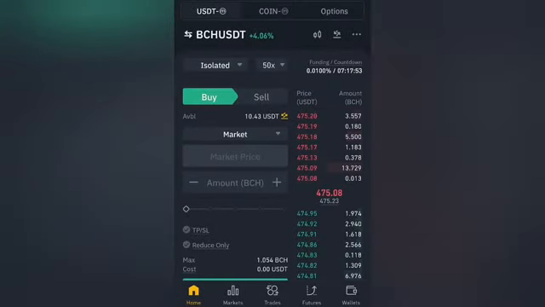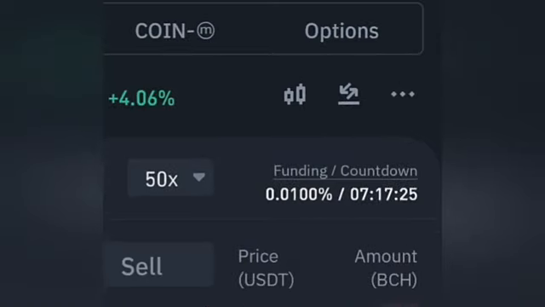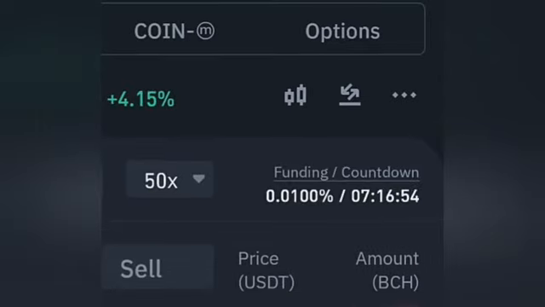If you look at the funding countdown section, you would notice two things. You would notice a percentage and a timing. When the funding rate, that means the percentage, is positive, Binance is going to be paying you a small amount when you are in a short position. But when you are in a long position, that means a buy position, when the funding rate is positive, you would be deducted some amount.